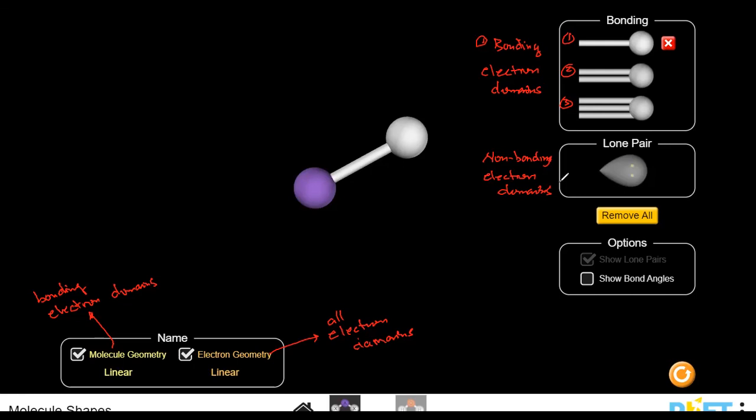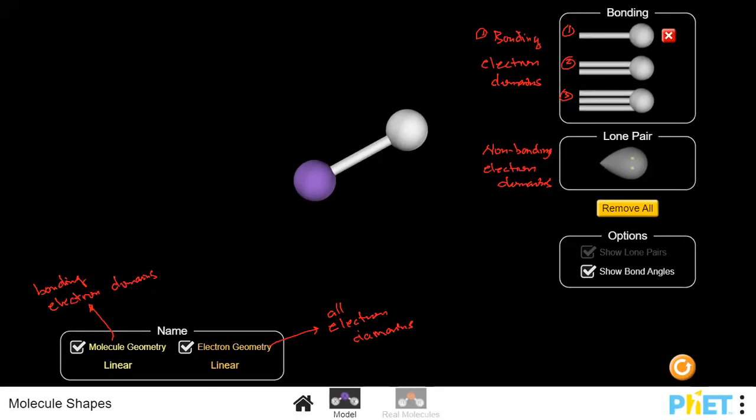Okay, so with that said, it's linear, because if you notice the angle here, let me go ahead and show the bond angle as well. We should click that on. The bond angle is 180 degrees when you have a single bond here. Now, what I want to point out is that you're going to see this same molecular and electron geometry if we were to attach a double bond.